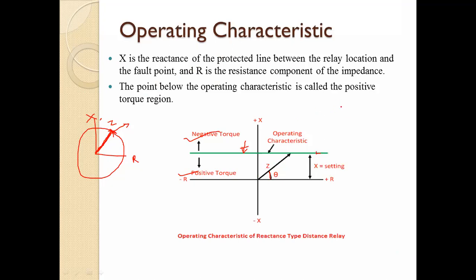It is similar to the impedance relay, where we are simply finding the fault location from your relay by finding the value of the fault impedance. Suppose here your relay is located and here the fault is occurring, so that distance is found by using this. And R is the resistance. So this is your characteristic.